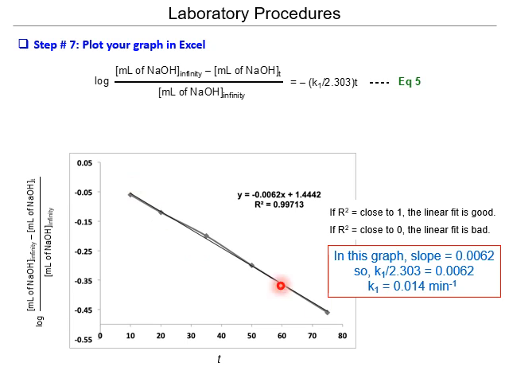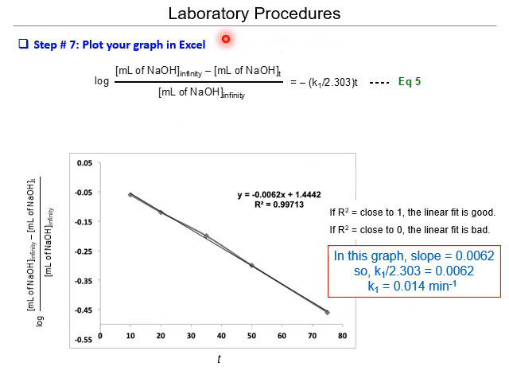When you do this, you will have a linear graph, and you can get the equation of the linear graph. In the equation, the slope is the number you need to use for calculating K1. Why?